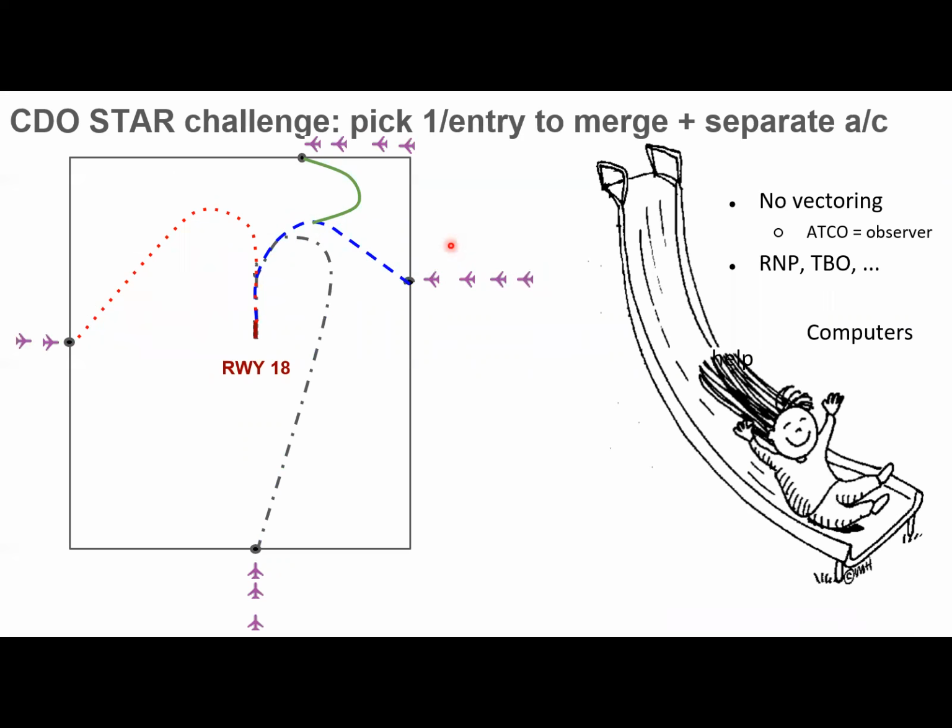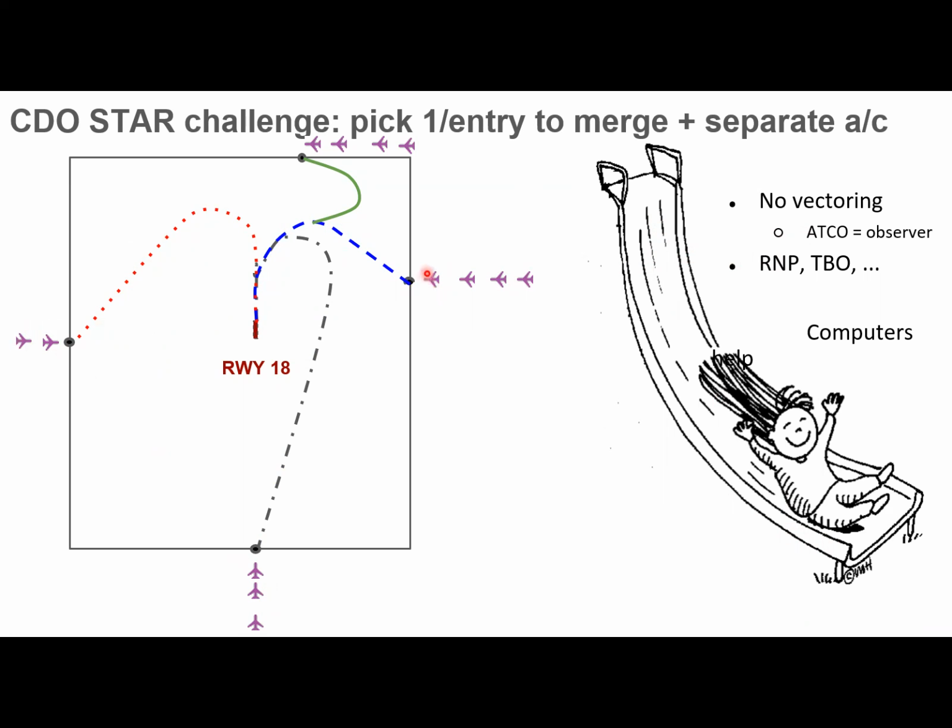At every entry point, you have aircraft arriving at essentially irregular intervals, or maybe even regular intervals, and each of them should just follow the corresponding path to the runway, no vectoring, really just sliding through. Of course, you can do this.